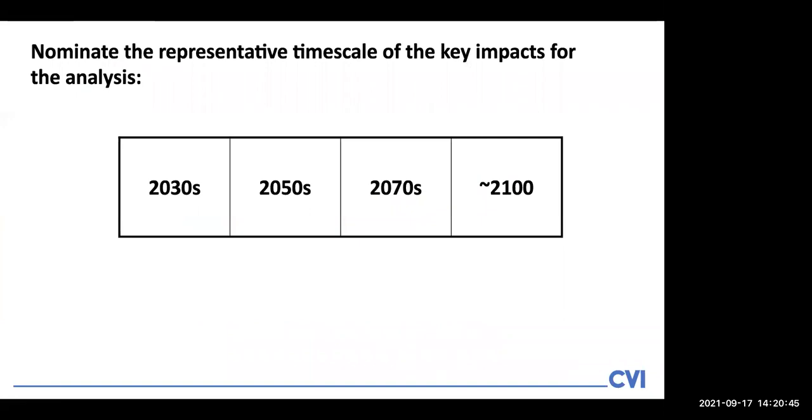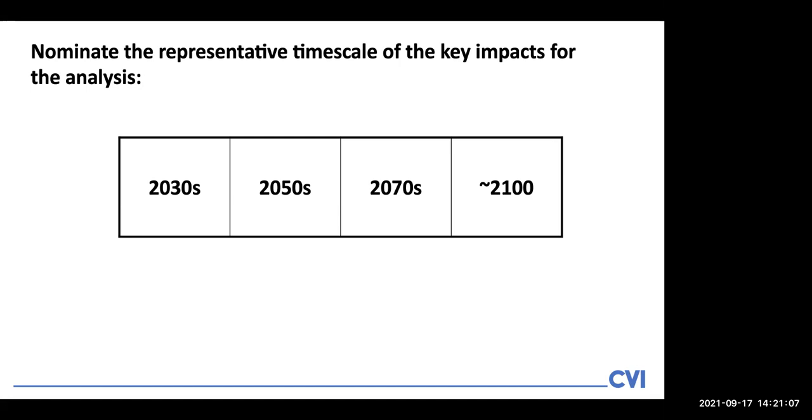In our CVI process, we look to nominate the timescale that we're going to focus on for our analysis. And here we could look a decade from now, around the 2030s, mid-century, the 2050s, up to the 2070s, or towards the end of this century, 2100.